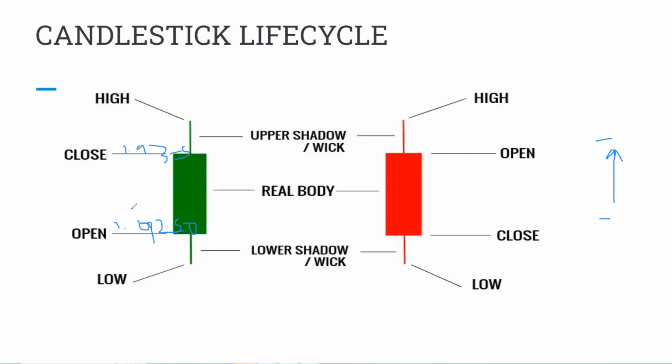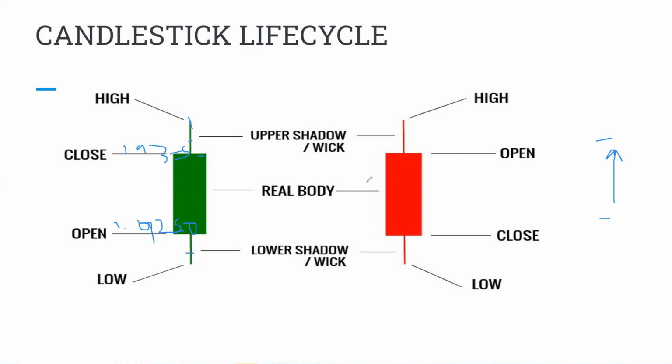At one point it was this low. It opened and maybe dropped to this point, but later pushed and closed above the opening price. And at some point it was this high, but pushed down and closed from here. These are called wicks, or shadows. So that's a bullish candle.